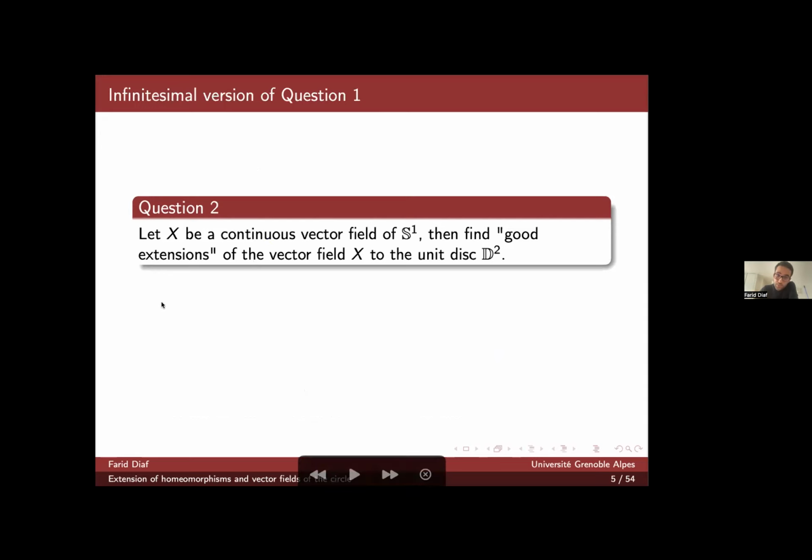And the second question that I would like to state is the following, which is, let's say, the infinitesimal version of the first question, which is you take a vector field of S1, okay, and then you try to find a good class of extensions of this vector field to the unit disk.